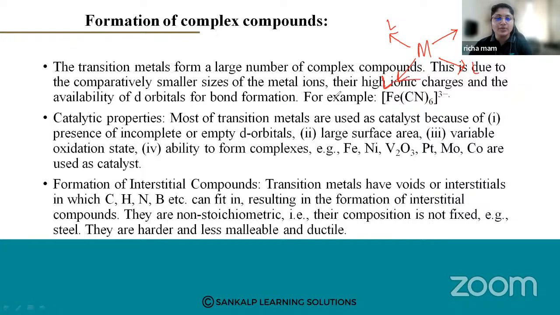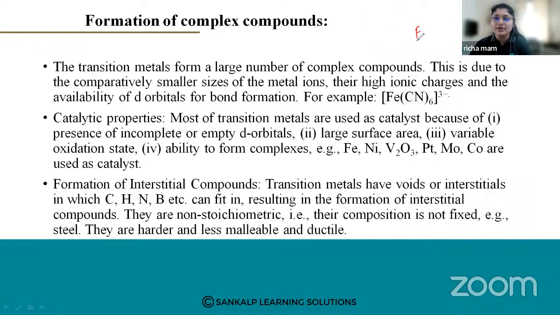For example, FeCN6 3 minus. Fe is a metal and it is linked to, sorry, 6 Cn minus ions.